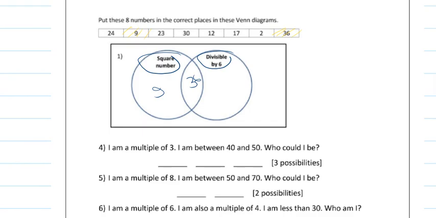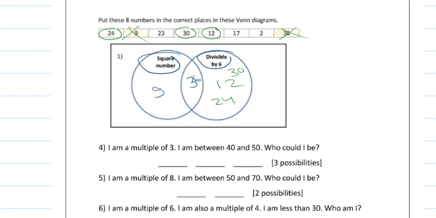Let's find the numbers which are divisible by 6 but not square numbers. For example, 6, 12, 18, 24, 30, 36. 36 is already chosen, and 9 already chosen. You will write here 12, 24, and 30. How about the remaining numbers?